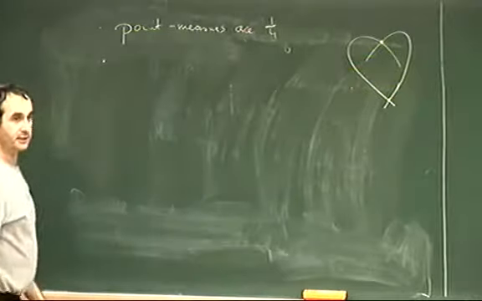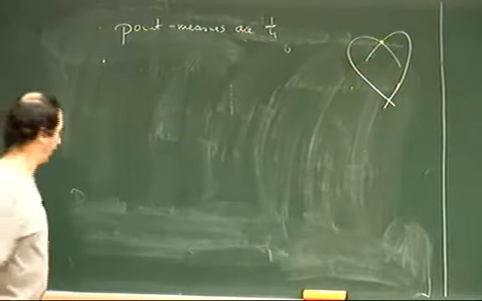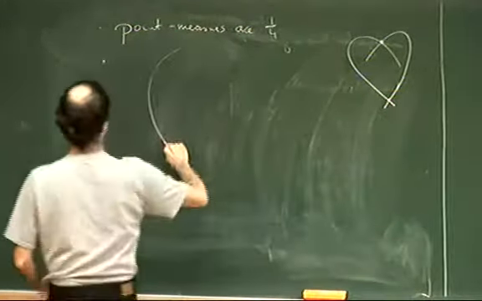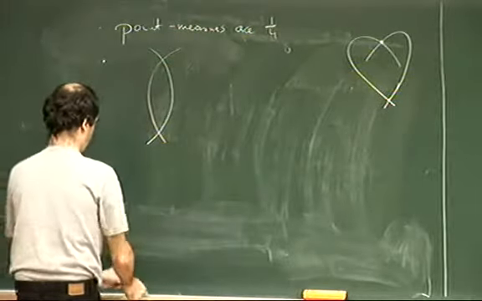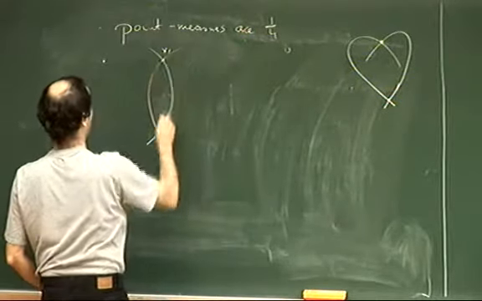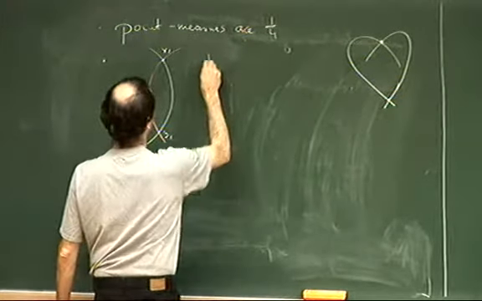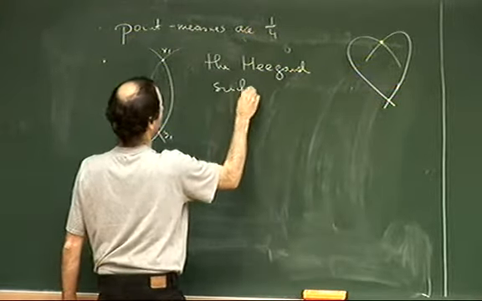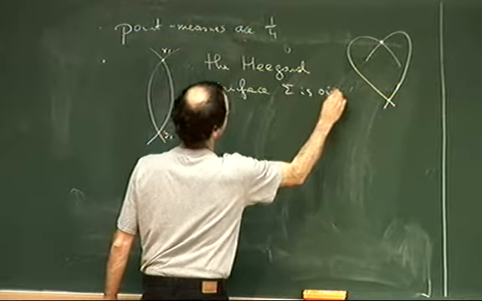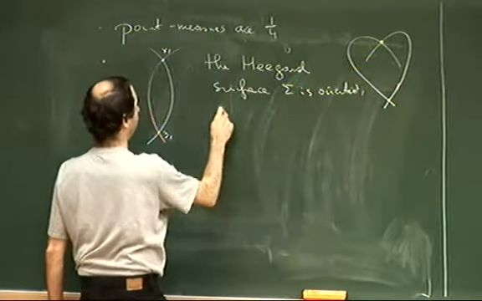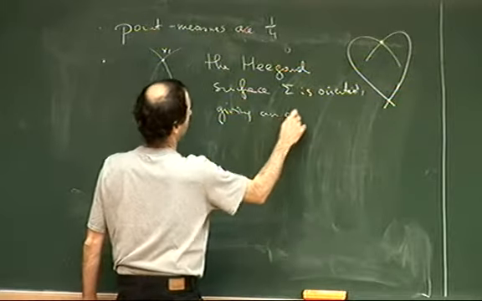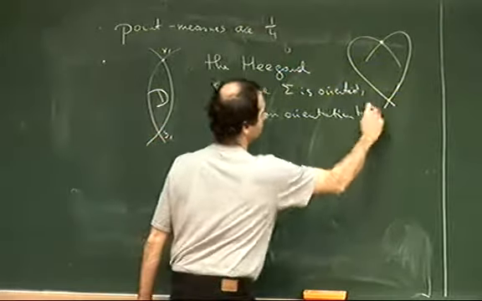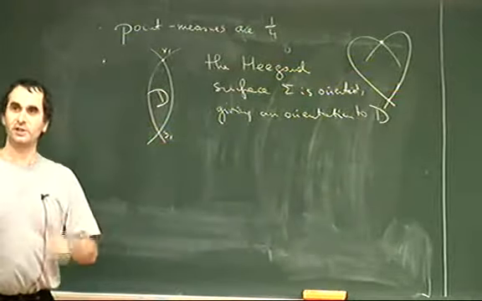And the final thing is that I have to tell you what I mean by going from X to Y. So let me just draw again. The Heegaard surface sigma is oriented, giving an orientation to this domain D, this bigon D, which in turn induces an orientation on its boundary.